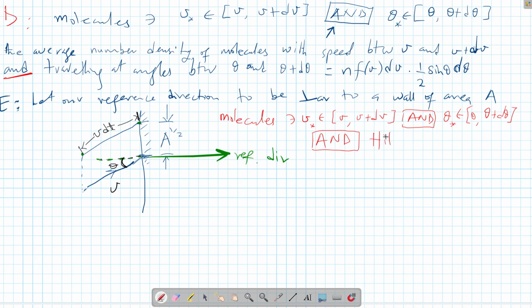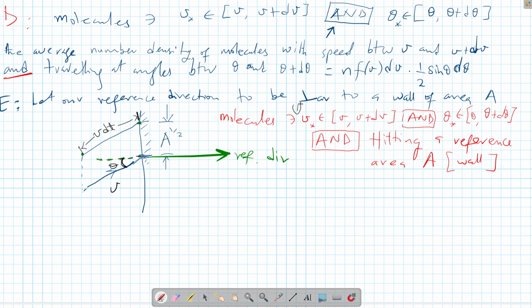Hitting a reference area A. So we can call it hitting the wall, right? So these are the three things we want. In order to get that, the number of molecules with these three features, again, I'm repeating myself.